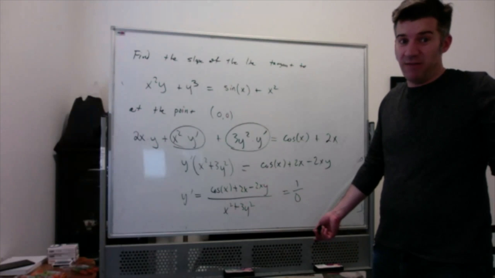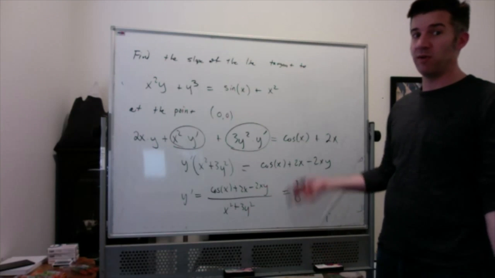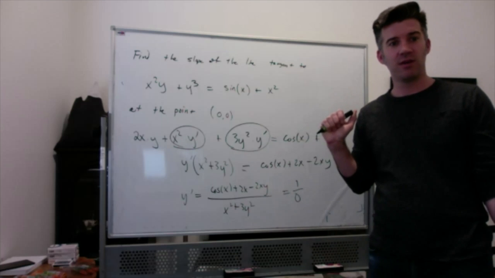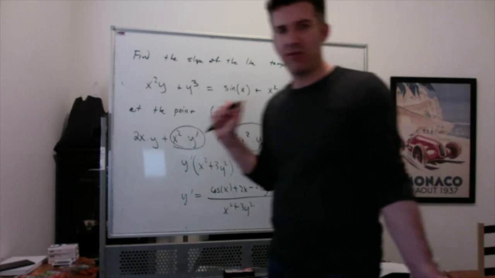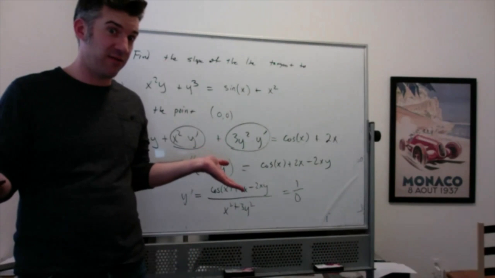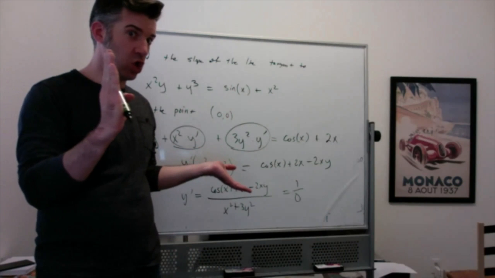My slope is undefined. So a better question to have asked wouldn't have been find the slope, but find the equation of the tangent line. Because if you have an undefined slope, what kind of tangent line do you have to have? Vertical.